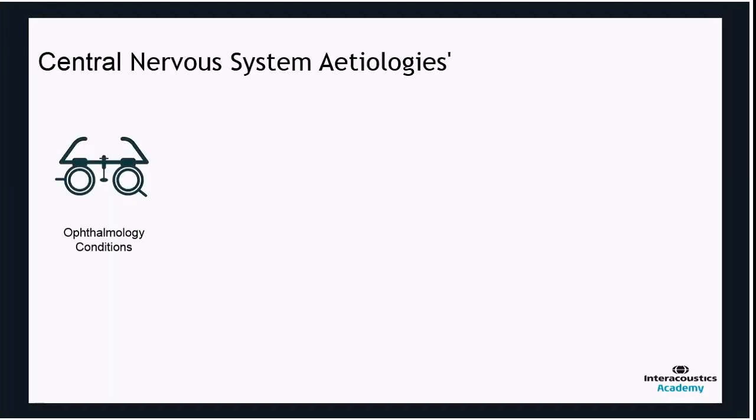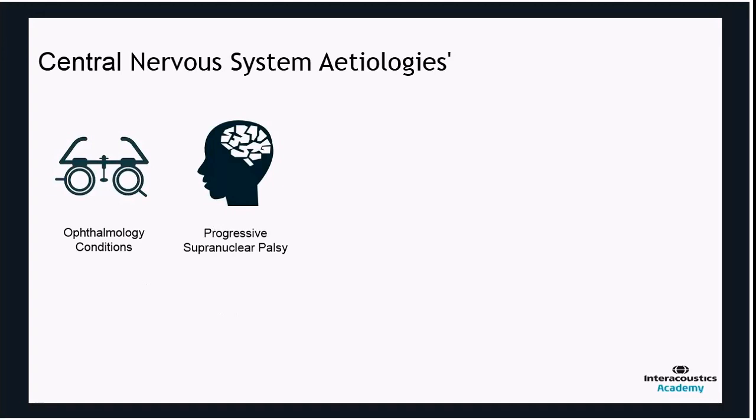So looking at some of the etiologies of the central nervous system, and this list is not fully encompassing, but it gives us an idea of some of the diversity that we can see when we see patients who have dizziness that may be central in orientation. Primarily, the first things we need to think about are ophthalmic conditions, so issues in relation to eye movement and the eyes being able to carry out some of these motor tasks and oculomotor activities.